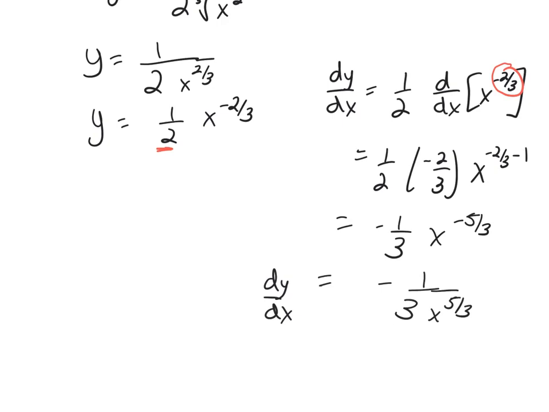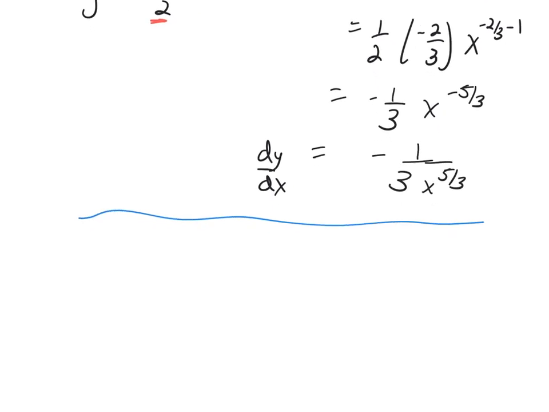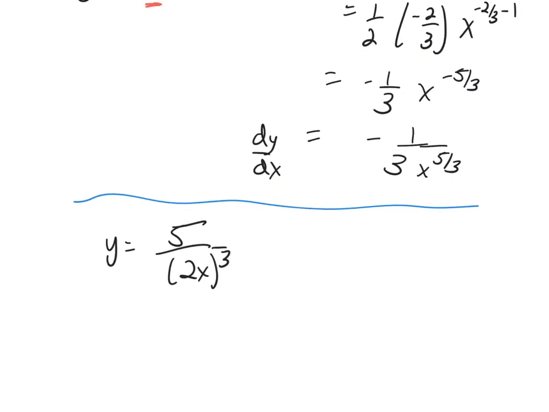One thing I do want to mention, make sure you're very careful with how you treat things. So let me give you a word of caution. I'll give you a particular problem. 5 over 2x cubed. You should go ahead and simplify the denominator first.